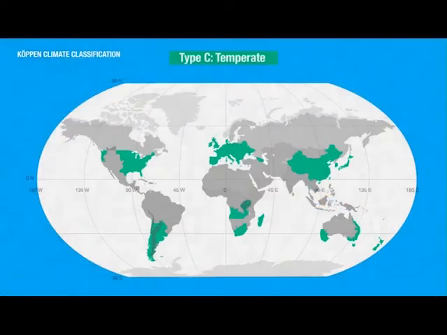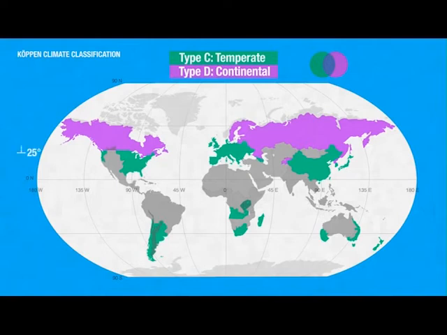Type C and D climates are called temperate and continental climates. These two groups are often combined as many features overlap. The temperate and continental climates take up a big portion of the globe, between latitudes 25 and 75 degrees north and 25 and 75 degrees south.